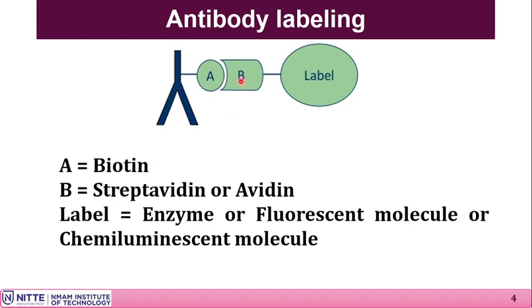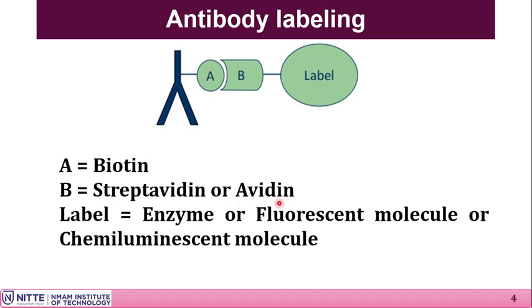And B is another molecule, that is streptavidin, or it could be avidin. The streptavidin molecule is obtained from the Streptococcus bacteria, and it is a protein molecule which has a strong affinity for biotin. It binds to biotin.